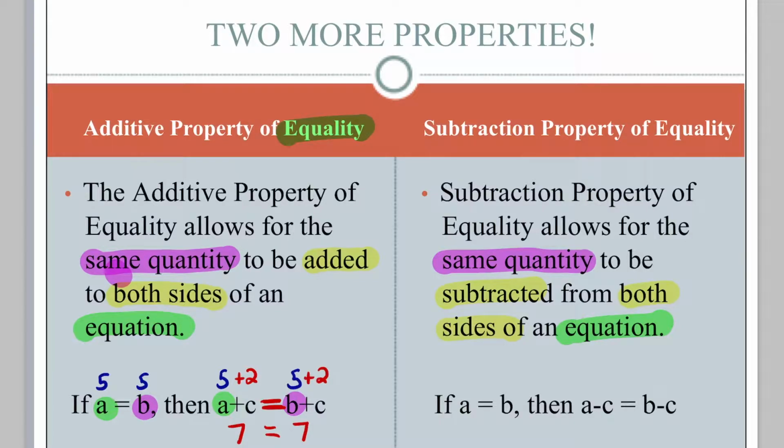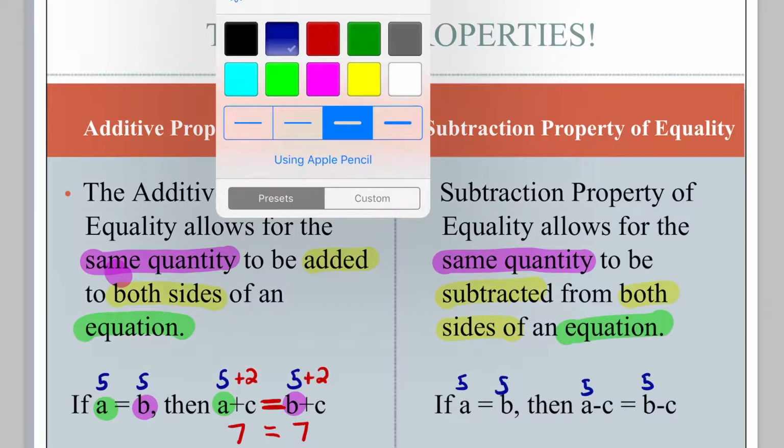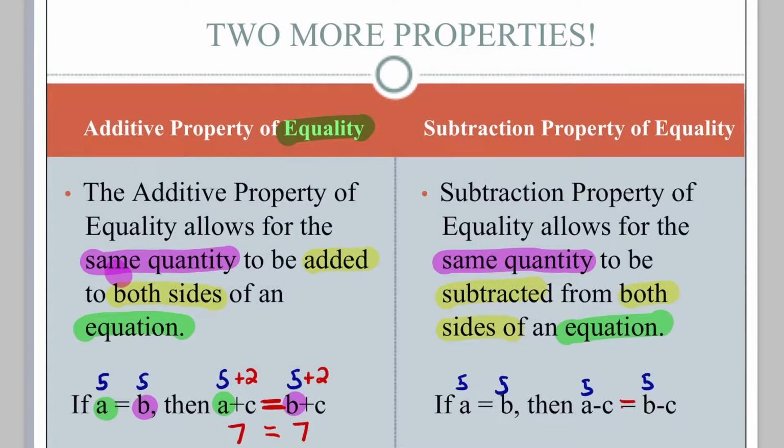Same occurs when we subtract. If I have 5 is equal to 5, 5 and 5, I have my equal sign and I subtract 2 from both sides.